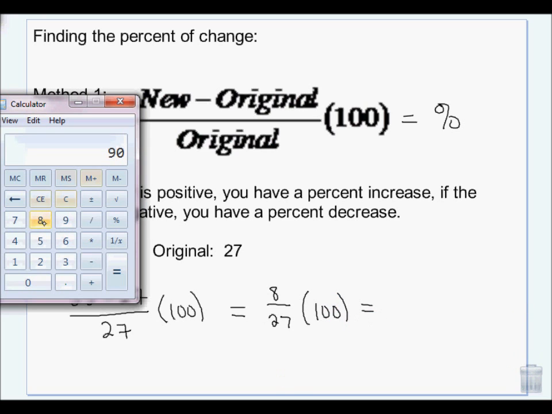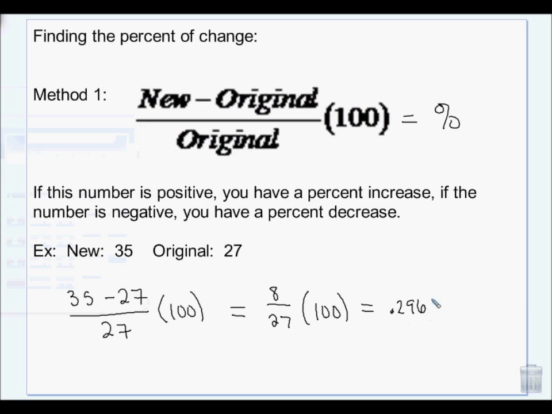Well, 8 divided by 27 is 0.296. Times 100, so 29.6%. And this was positive, so it's an increase.